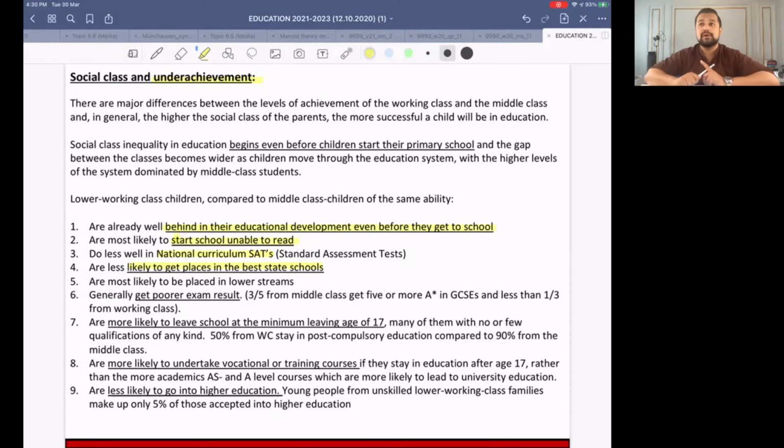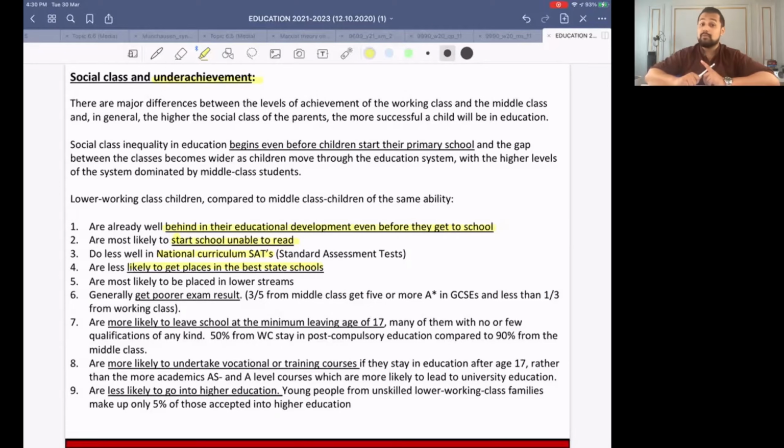If you apply somewhere and it doesn't work, you send a reapplication. If they are not able to get to the school they want, their parents might not know that they have an option of reapplying, right?